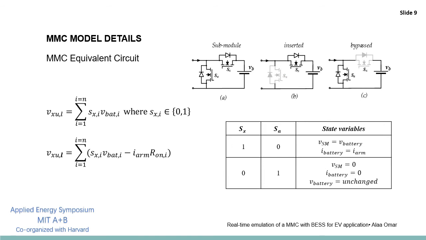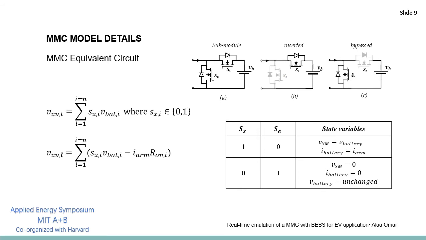This approach is mostly used in power systems because it doesn't show the performance of the battery inside the arm. So we have implemented the ideal switching representation using the state variables of the submodule, which is actually sufficient to represent the battery behavior and the dynamic operation of the converter.